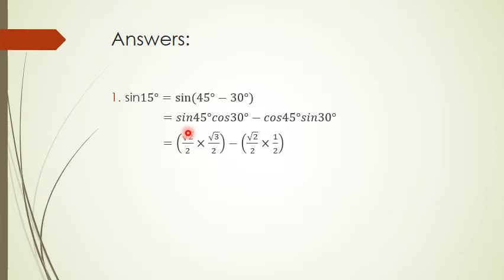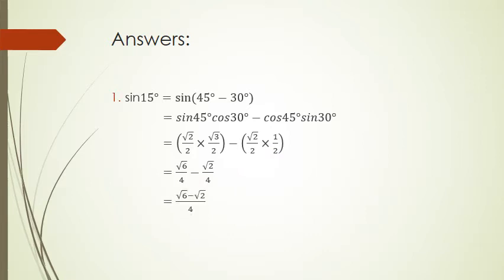And substituting the values, sine 45 degrees is root 2 over 2, cos 30 degrees root 3 over 2, minus cos 45 degrees is root 2 over 2, sine 30 degrees is half. And multiplying out, root 2 times root 3 gives us root 6 over 2 times 2, which is 4. And here root 2 multiplied by 1 is root 2, and 2 times 2, 4.